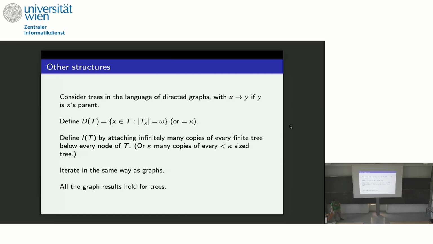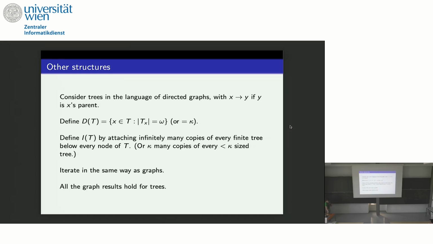Now I need an antiderivative. My antiderivative, I'm going to, might be infinite branching or finite branching.